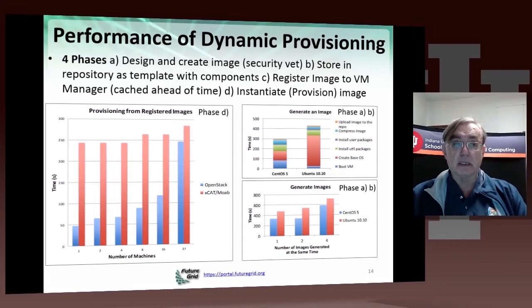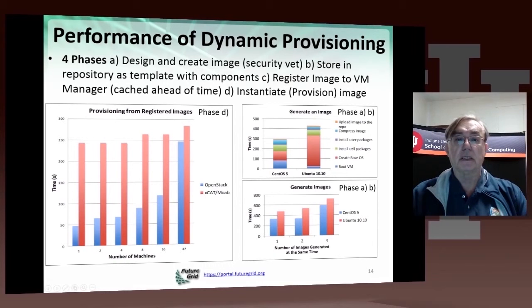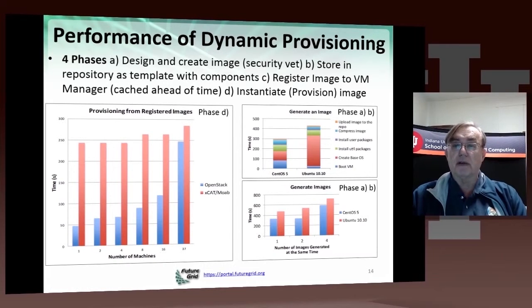This slide describes some aspects of the RAIN system and the type of thing it's doing. It's doing dynamic provisioning. Dynamic provisioning can be divided into these 4 different phases. You first make your favorite image, which is specified logically by an XML file, so it's so-called templated.